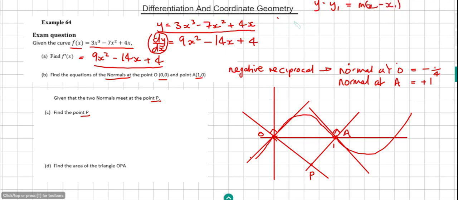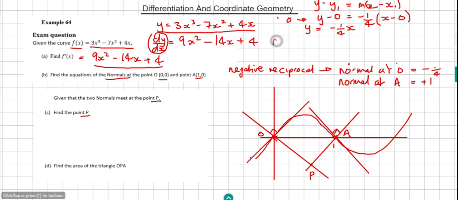For the normal at O, our y coordinate y1 is 0, so it's y minus 0 equals the gradient, minus a quarter, times x minus 0. So that gave us y equals minus a quarter x. That's the equation of the normal at O.